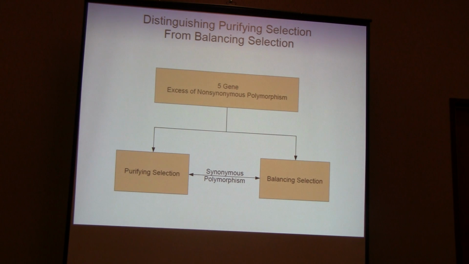These two hypotheses can be distinguished by looking at synonymous variation. Balancing selection is expected to increase the rate of linked neutral variation, whereas purifying selection is expected to decrease the rate of linked neutral variation through background selection.